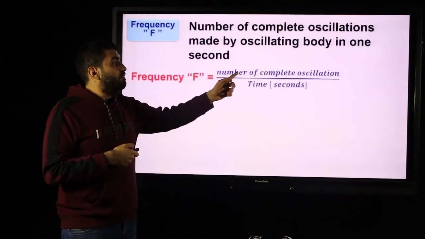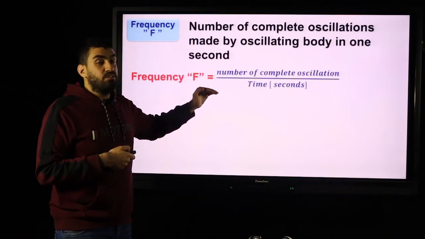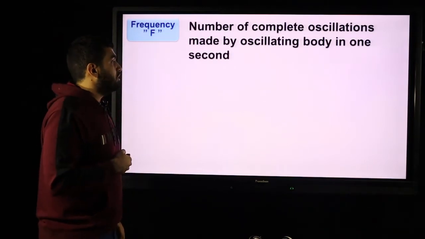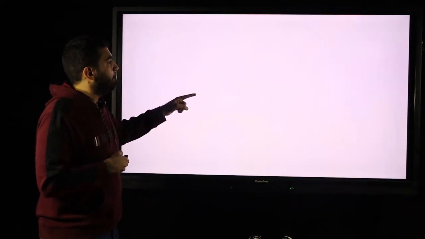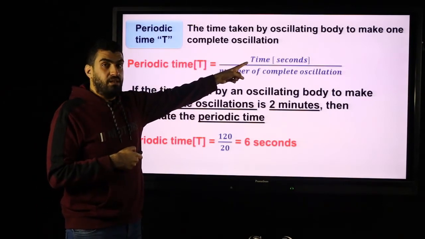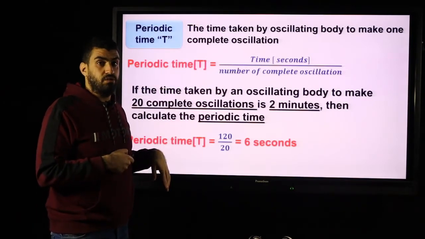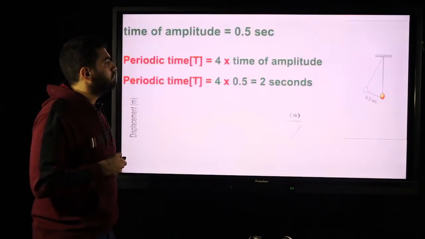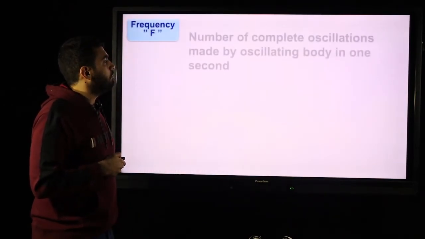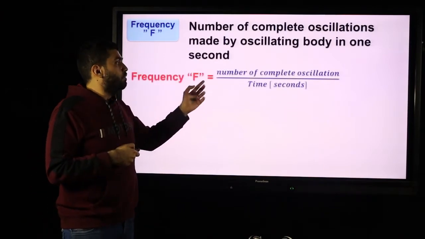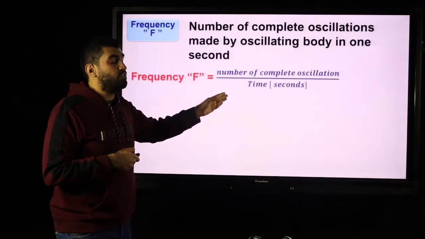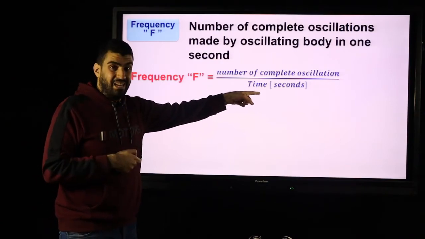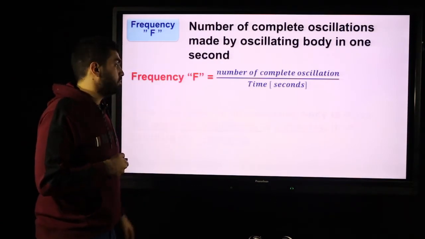Frequency is the number of complete oscillations divided by time, while periodic time is the time taken divided by the number of complete oscillations. They are inverses. Frequency equals number of complete oscillations over time taken in seconds, not minutes, not hours.